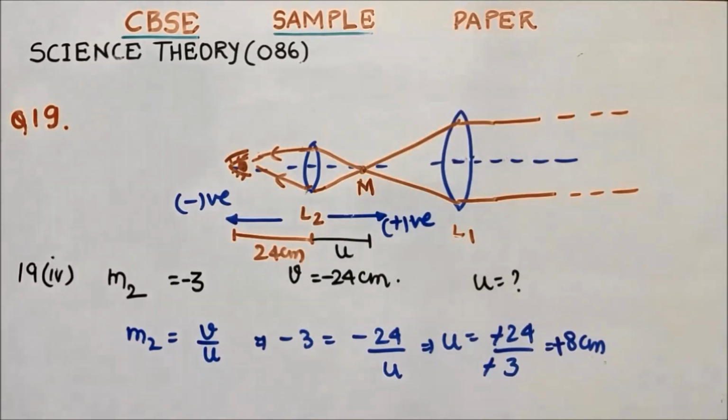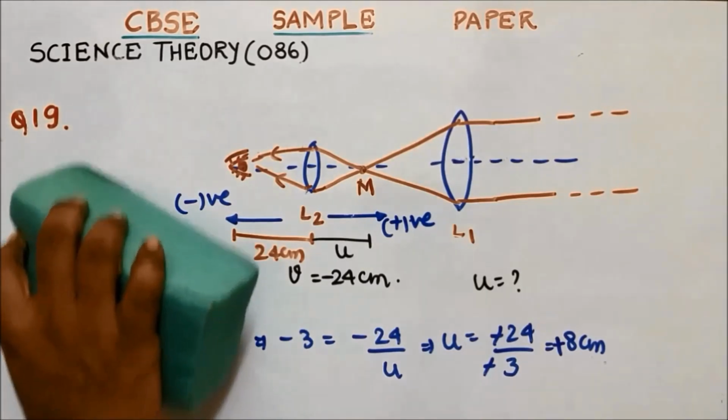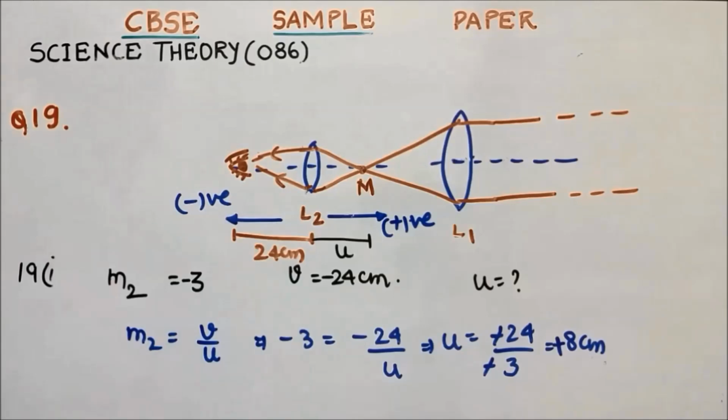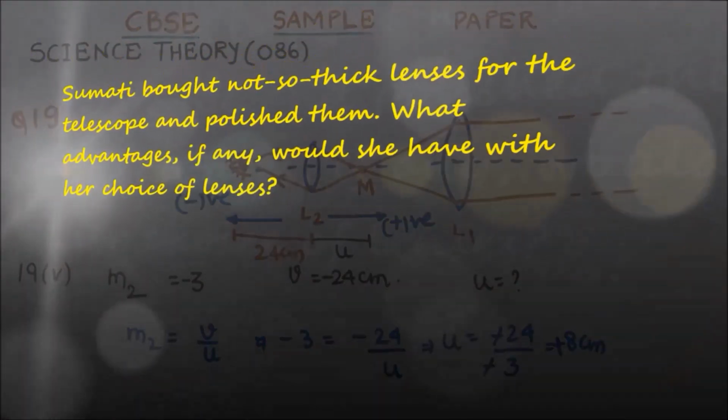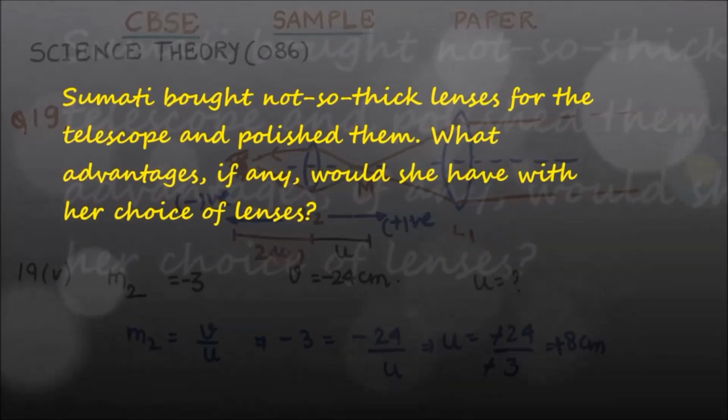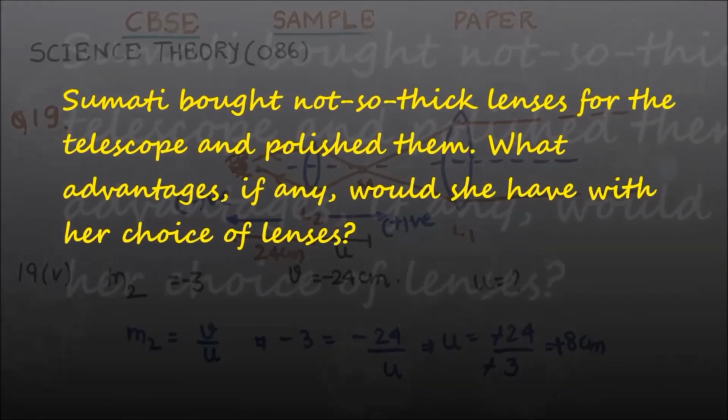And the last question of this paragraph, you have to answer any 4 out of 5. So please answer those 5 questions which you are most confident about. Question number 5. Sumiti bought not so thick lenses for the telescope and polished them.